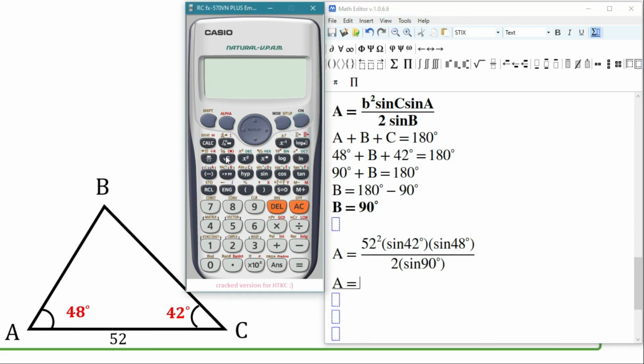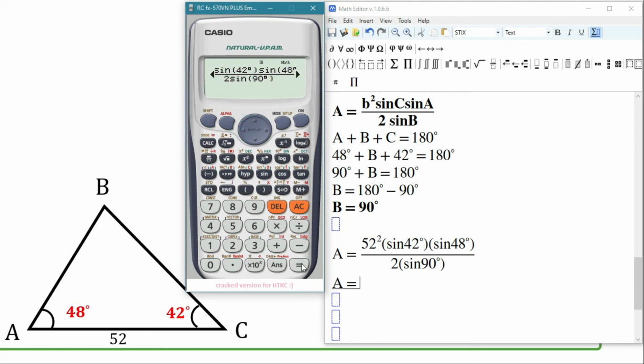So, that's going to be 52 square multiplied by the sine of 42 degrees multiplied by the sine of 48 degrees over 2 multiplied by the sine of 90 degrees. Okay? So, double check kung merong maling na enter para hindi mag-error.